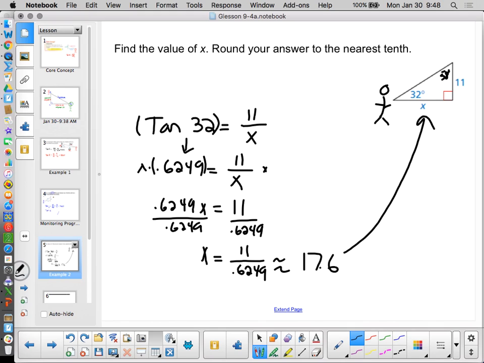I know the shortest side has to be opposite the smallest angle. 32 and 11, that goes together. 58 is bigger than 32, so x has to be bigger than 11. 17.6 seems reasonable. And once I know that, I could use Pythagorean theorem to find the third side, couldn't I? Because it's a right triangle. And you're starting to see the power of trigonometry right away here. We can solve right triangles using trigonometry.